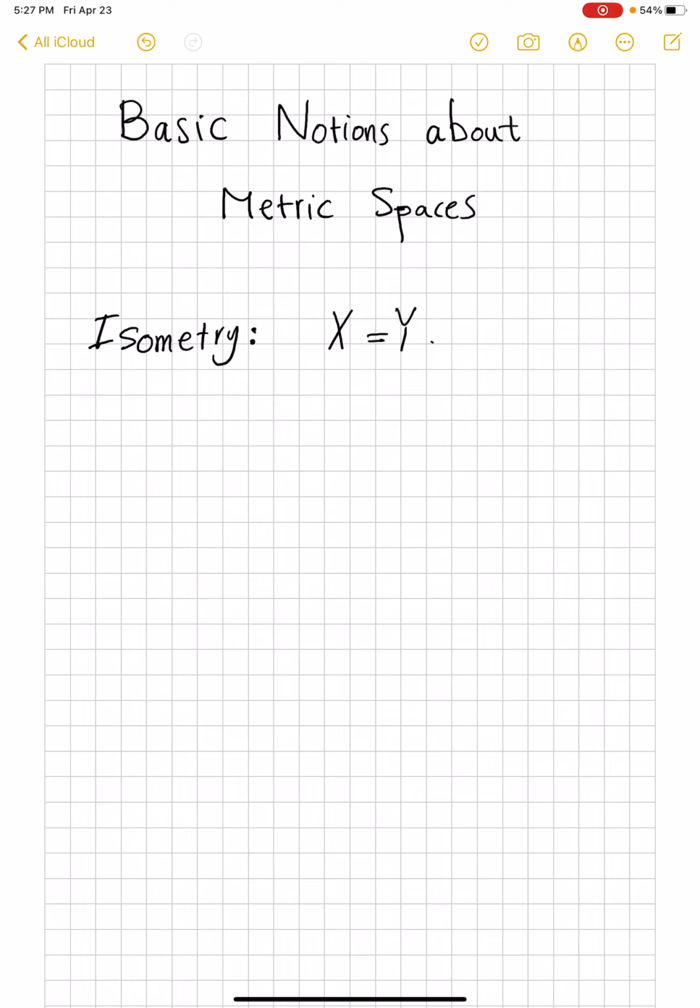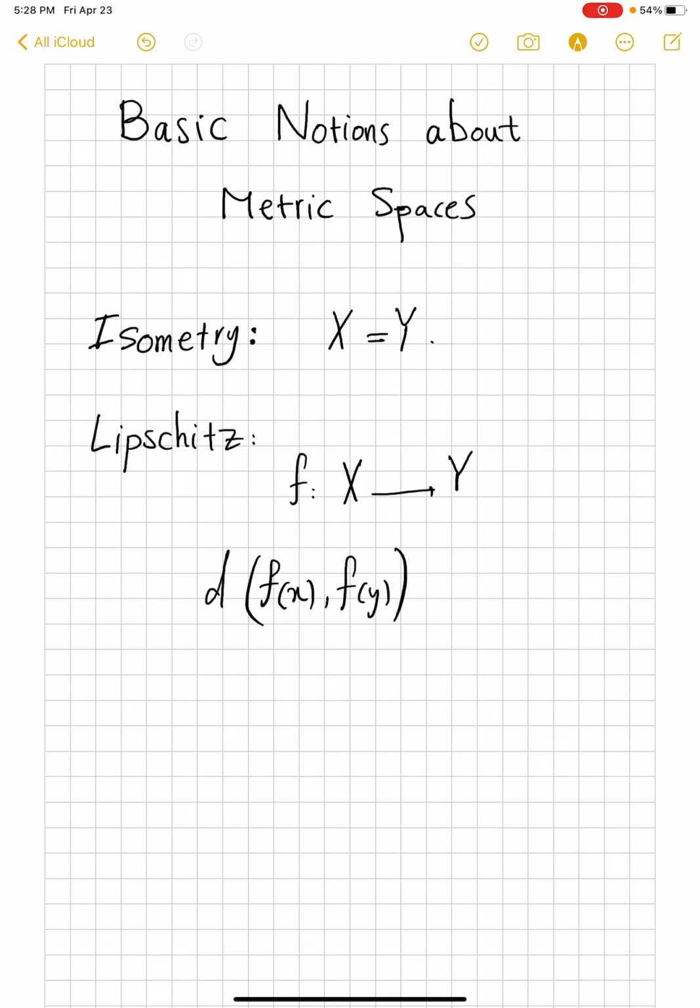Now, a weaker notion would be that of a Lipschitz map between two spaces. So a Lipschitz map between two metric spaces would be some f from X going into Y, such that for every pair that you take, you want to look at f(x) and f(y), you want to look at their distance inside the metric space Y, so d subscript Y, and then you want to compare it to the distance in the X metric space of the points themselves.